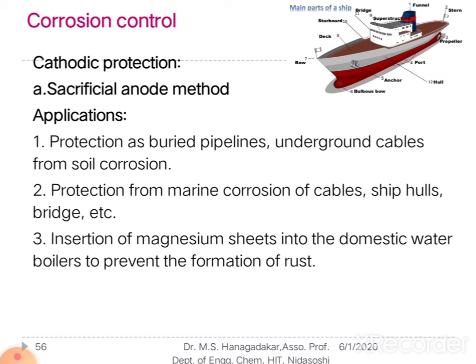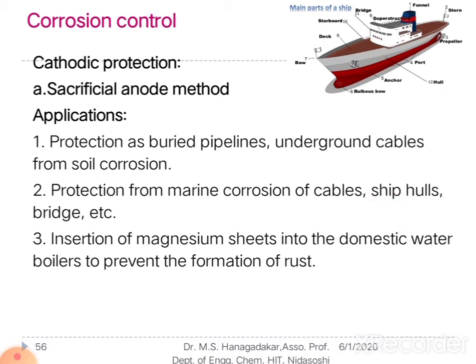Let us discuss some important applications of sacrificial anodes. This method is used for buried pipelines and underground cables against soil corrosion. Protection from marine corrosion of cables, ship hulls and bridges.